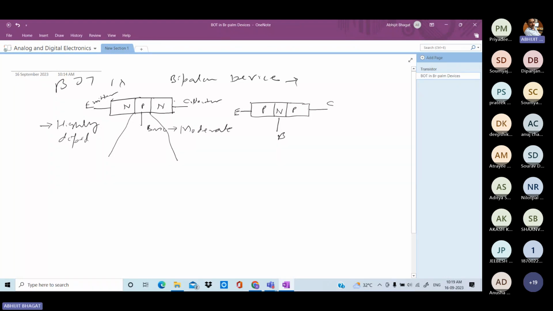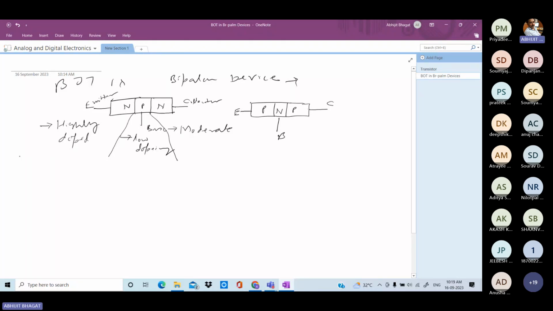Means the collector doping is less than the emitter region and higher than the base region. This base region has low doping. Doping concentration is very low.